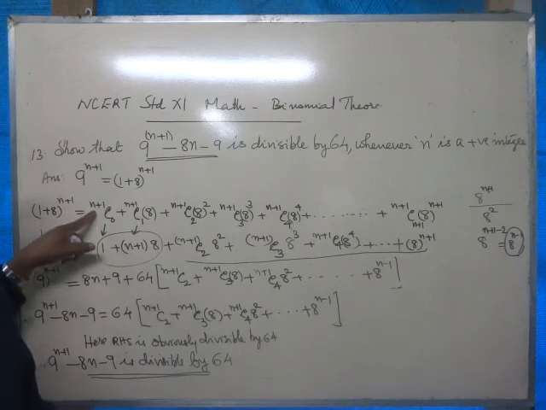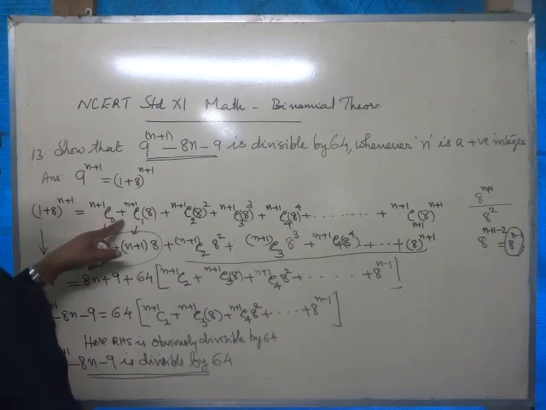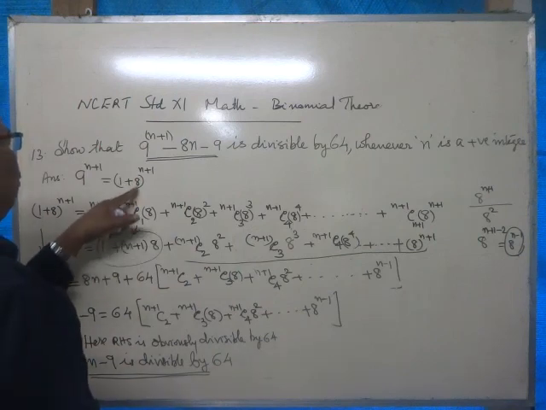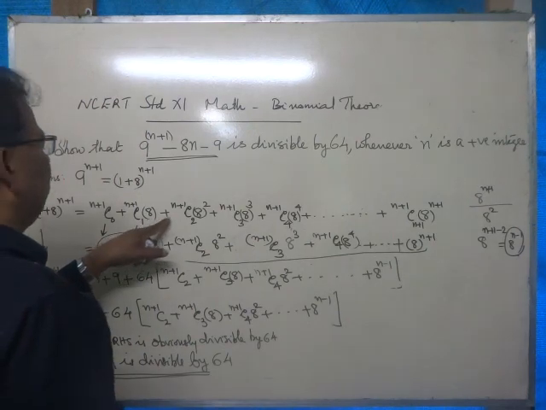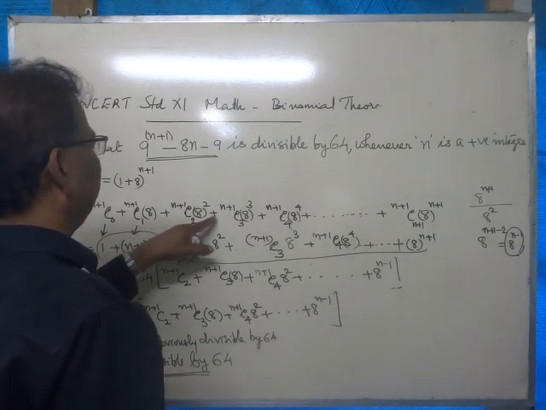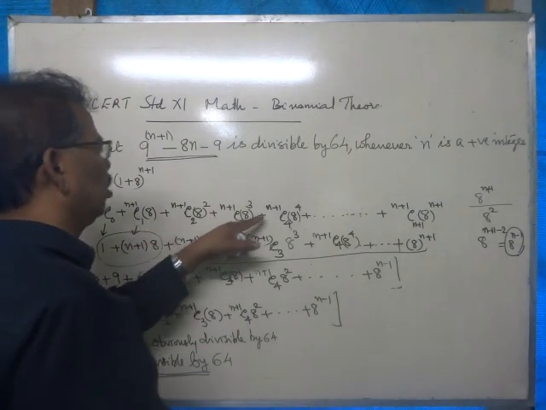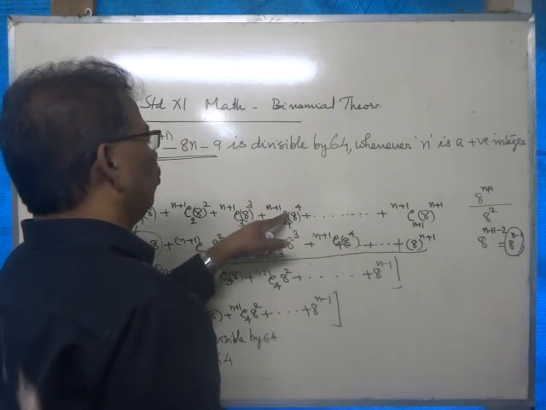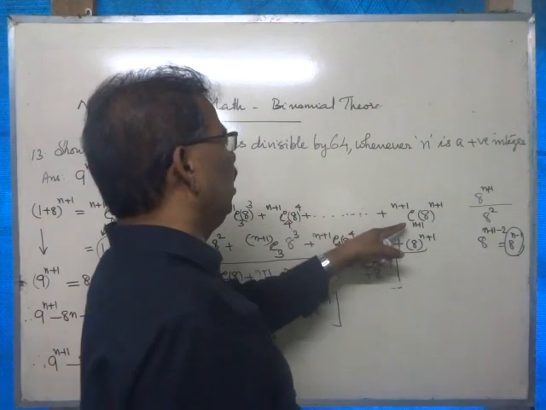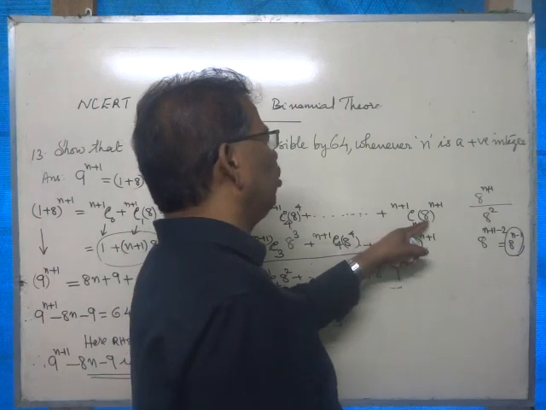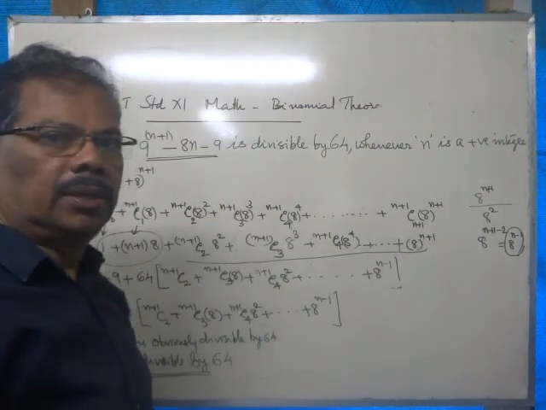Therefore, n plus 1 C0 plus n plus 1 C1 into 8 plus n plus 1 C2 into 8 square plus n plus 1 C3 into 8 cube plus n plus 1 C4 into 8 raised to 4 plus etc. plus n plus 1 C n plus 1 into 8 raised to n plus 1. It is the expanded form.